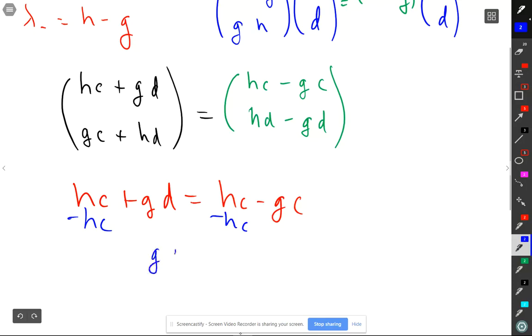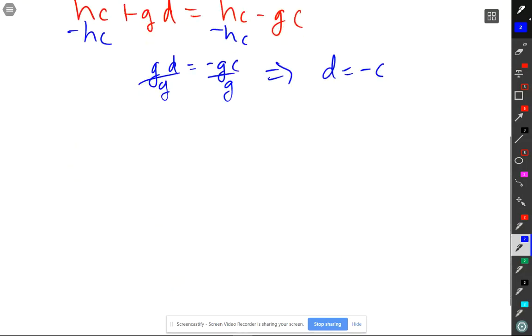And we're left with GD equals minus GC. Divide both sides by G. And we have D equals minus C. So if D equals minus C, then I have C, minus C.